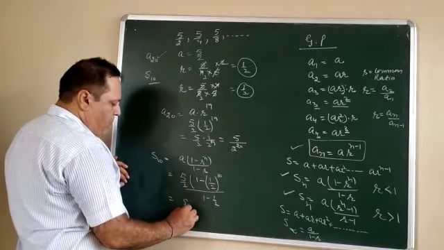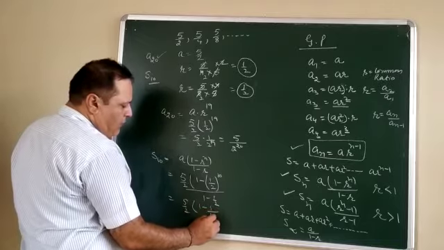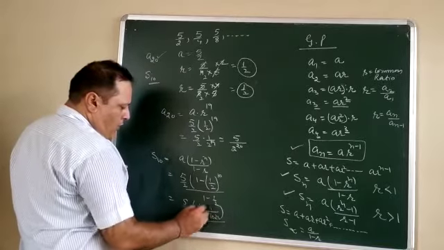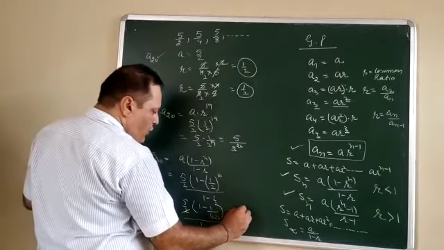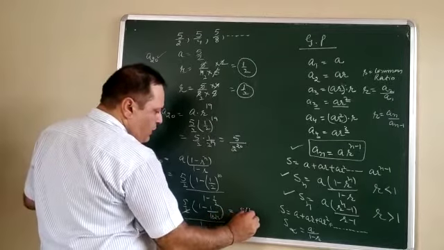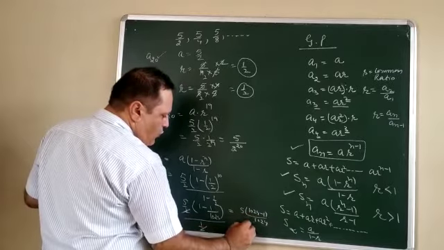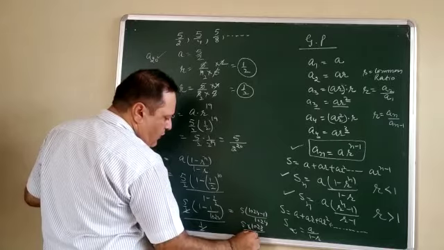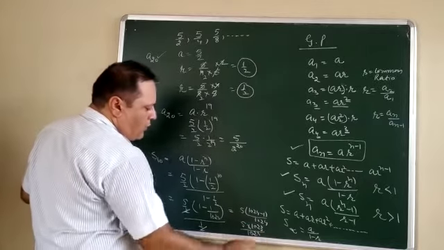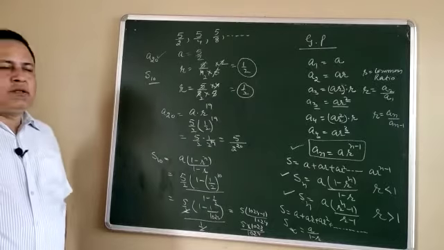It is 5 by 2, 1 minus 1 upon 2 to the power 10, 1024, upon 1 by 2. This 2 gets cancelled, and your answer is 5 into 1024 minus 1 upon 1024. 5 into 1023 upon 1024. This is your answer for the particular term.